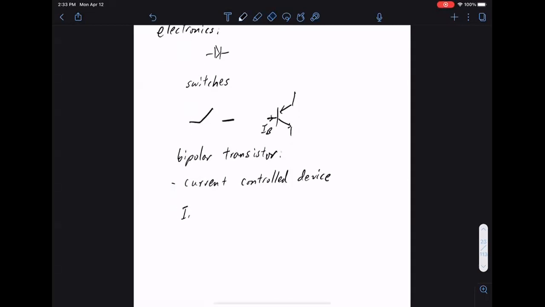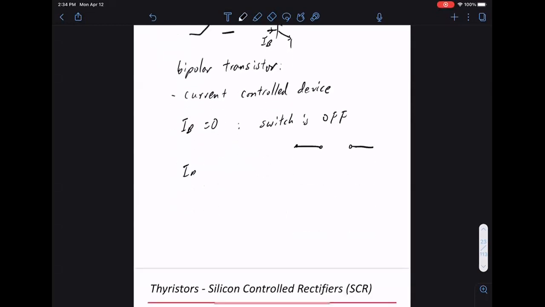So here we have the switch off. You have an open circuit. Then we have this, which is roughly at the saturation region.